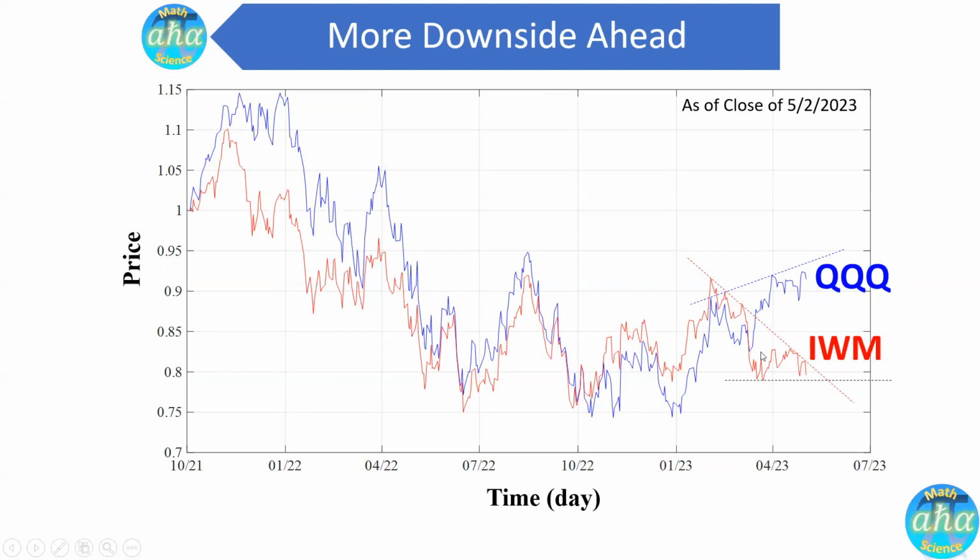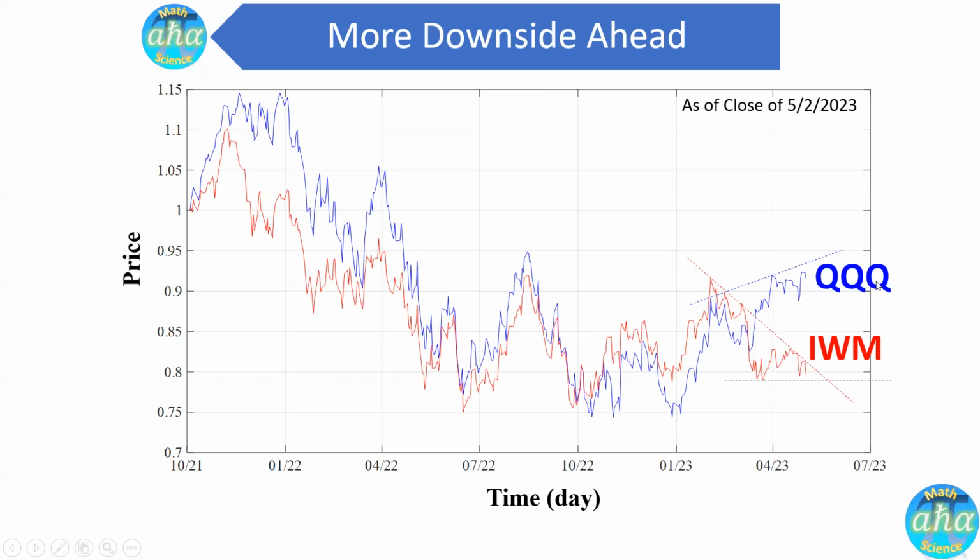So it's a strong divergence, and usually this kind of divergence gets resolved. Either both indices make new highs or both make new lows. At the beginning of this bear market, which started in January of 2022, the QQQ was initially very strong while the IWM was already making new lows. Eventually this huge divergence was resolved by both indices making new lows.